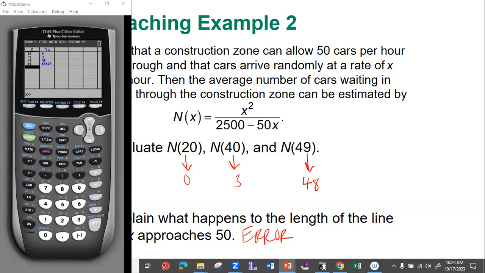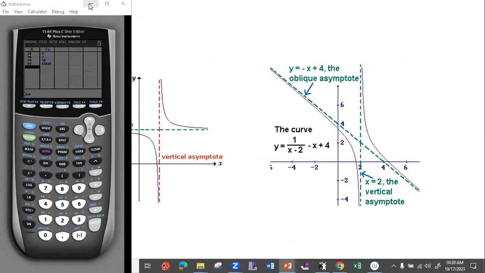There's something going wrong once we hit 50. So as these people now know a limit, the fastest amount of cars we can get through is 49 at a time. If we get any more, we're going to cause a problem. We're going to be moving too fast. We're going to make some errors. Something's going to go wrong. Does that make sense? Okay, so that's how a rational would be applied in a possible real world situation.